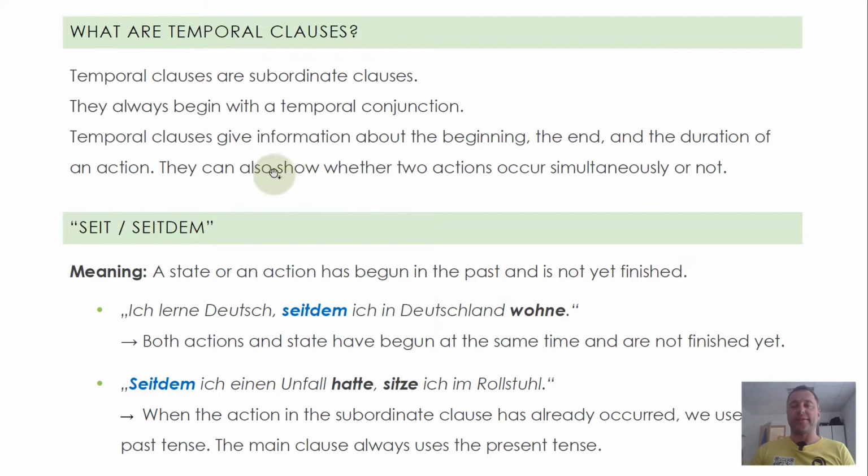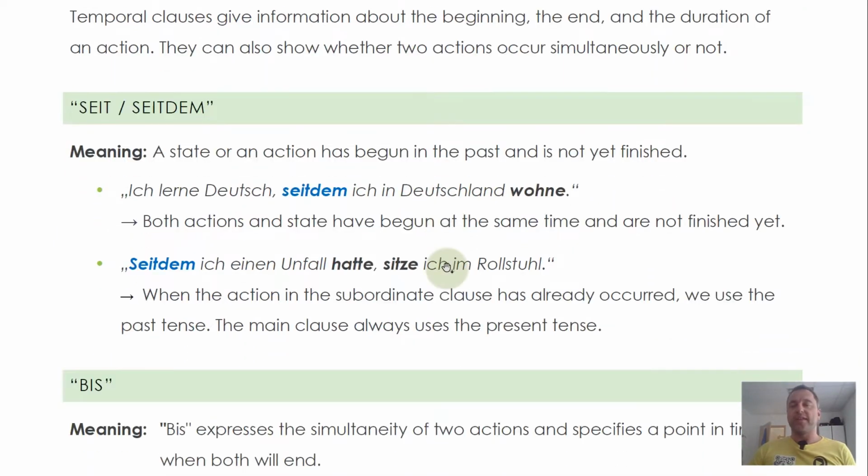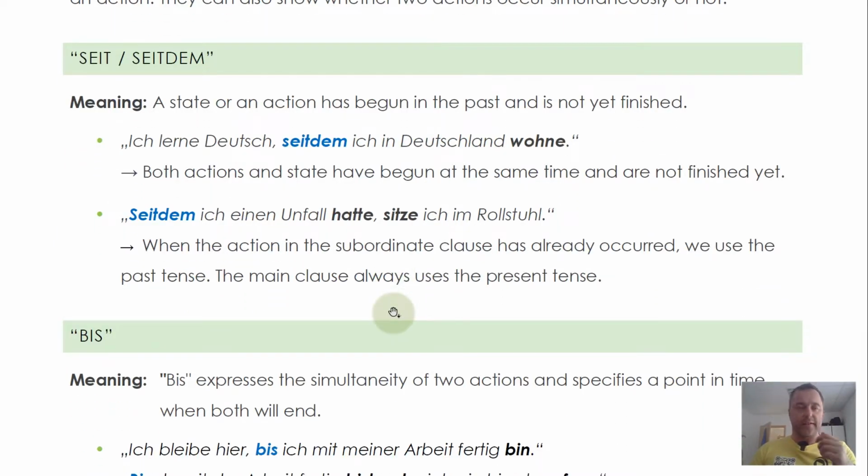Temporal, the name gives it kind of away. Everything that's connected to time, and depending on the different conjunction, they indicate different things, like when does something begin and how long does it take and whether it's occurring simultaneously or not. So let's go through the different temporal conjunctions step by step.